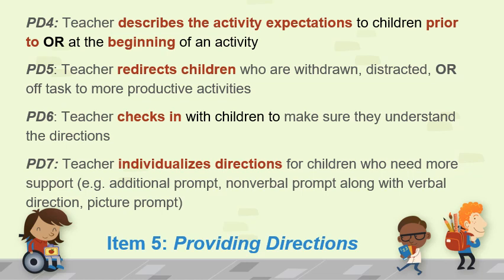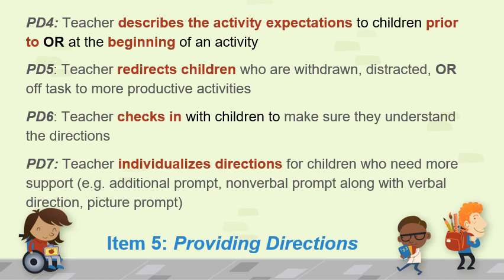PD 5 is teacher directs children who are withdrawn, distracted, or off task to more productive activities. This should happen more often than not and does not have to work to receive a yes.